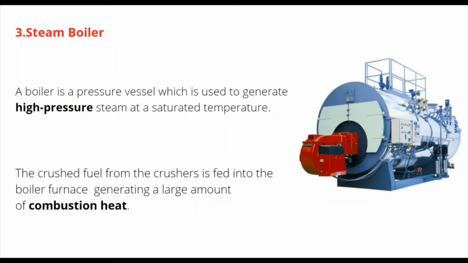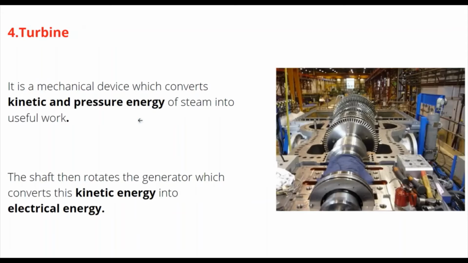On the other hand, treated water, which is free from impurities and air, is fed into the boiler drum where the combustion heat from the fuel is transferred to the water to convert it into high temperature and high pressure steam. Basically, whatever heat we get from the combustion of the fuel which we give as input is used to convert the water into steam. This is what happens in the steam boiler.